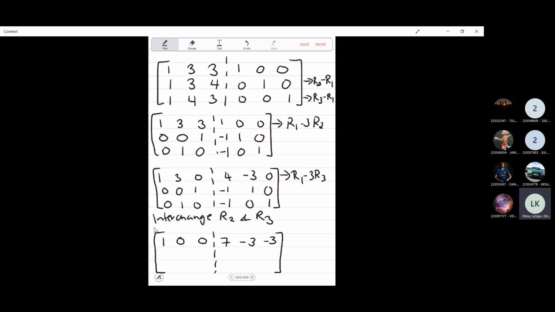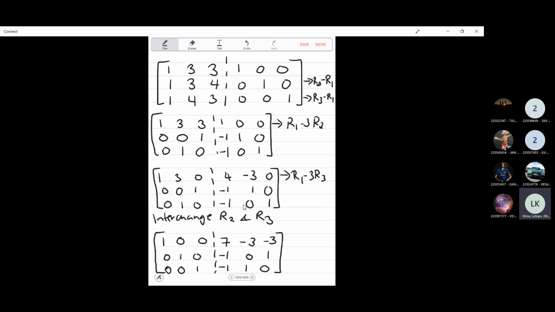And then we say this third row will come second, so it's 0, 1, 0, minus 1, 0, 1, and then I have 0, 0, 1, minus 1, 1, 0.